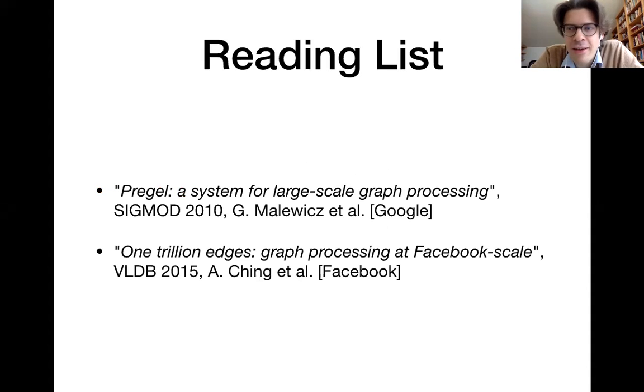The reading list includes those two papers you see here. One paper from 2010 introducing a system called Pregel that we will discuss in the following. That was by Google members. And then one later paper by Facebook employees in 2015 about a system that was significantly inspired by Pregel.